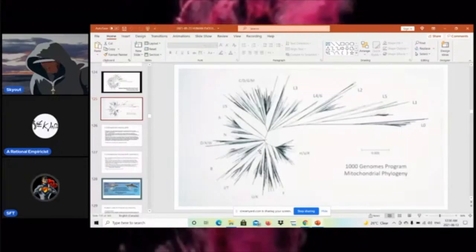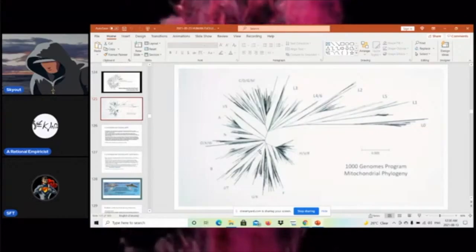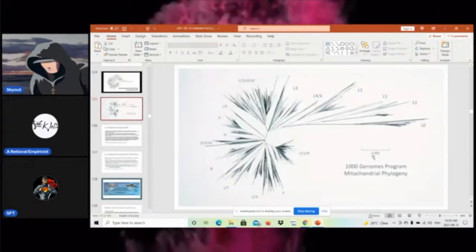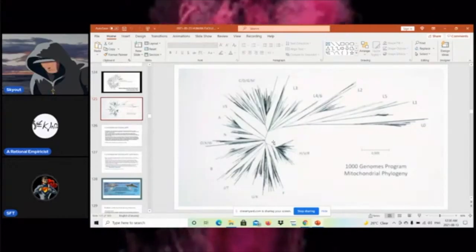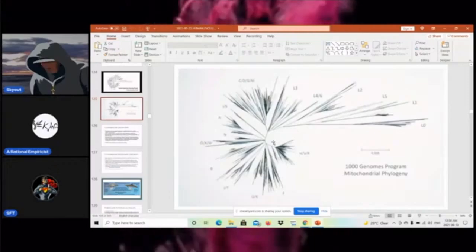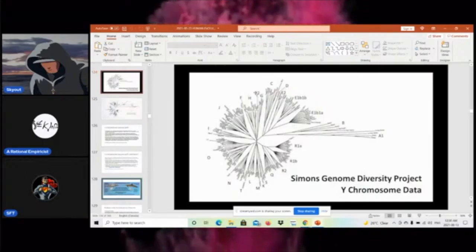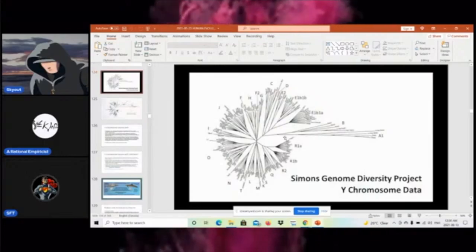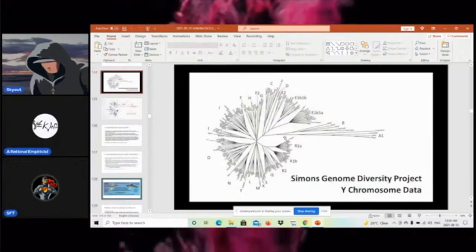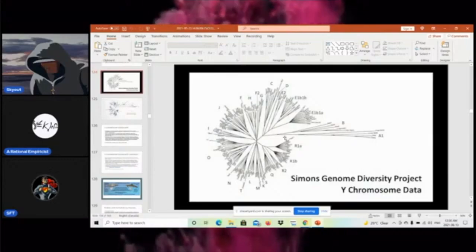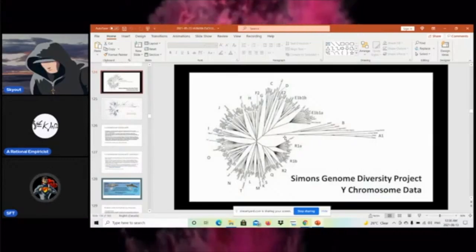Because all I'm showing to the evolutionists is that we have mitochondrial DNA, which takes us right back to one mitochondrial DNA ancestor, who we'd say is mitochondrial Eve. And then we have one Y chromosomal ancestor, who, according to our model, would take us back to Noah, our last Y chromosomal ancestor. That's really all it's showing.